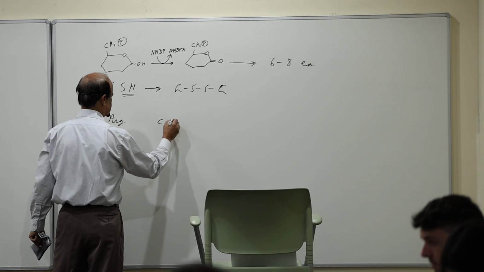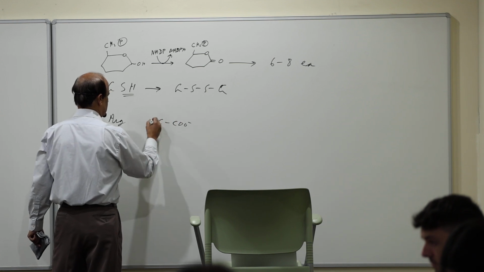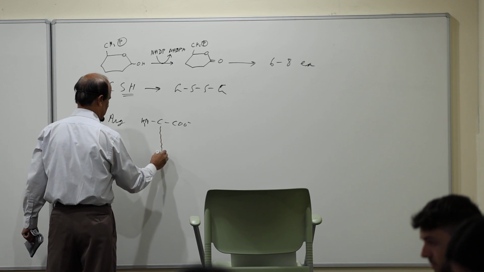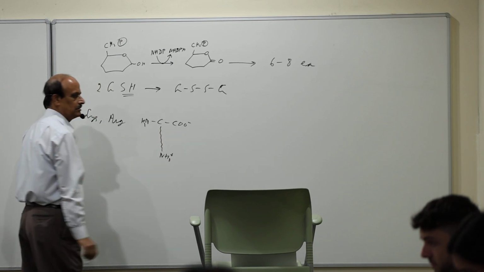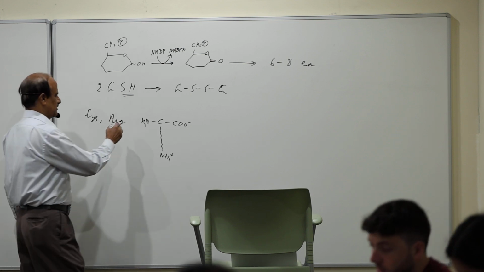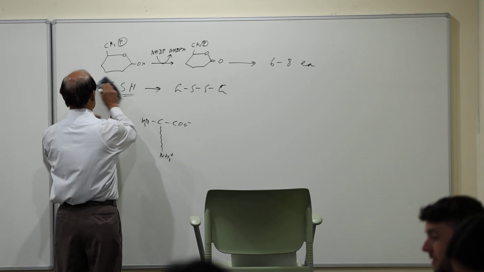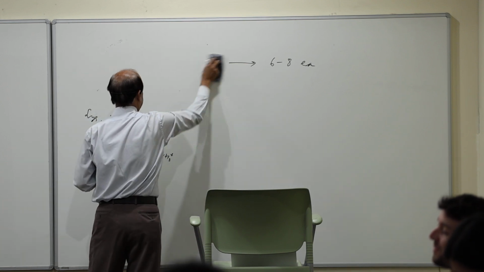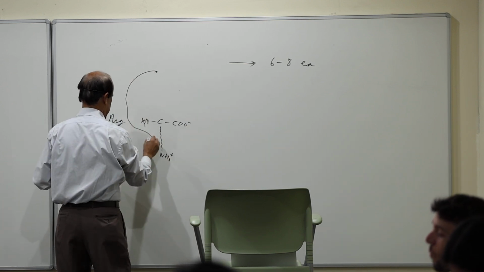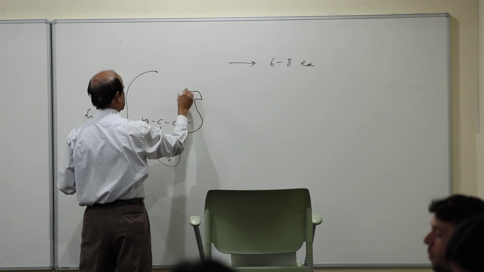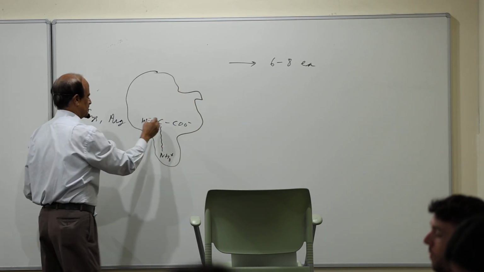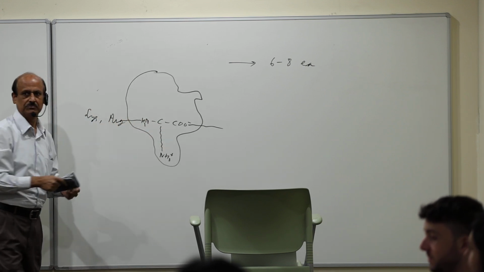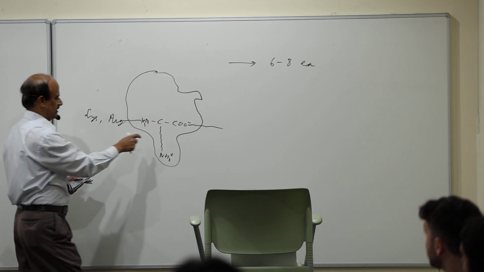So you have the alpha carbon, and then there will be a long chain, and then you have an NH. So this is your trypsin, the active site, and this is where the reaction takes place. This is your peptide bond, and the lysine comes and binds to this pocket.